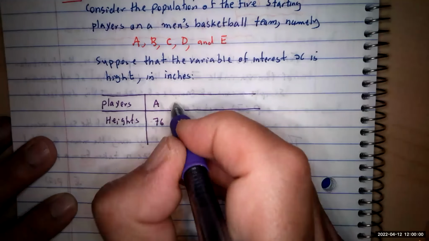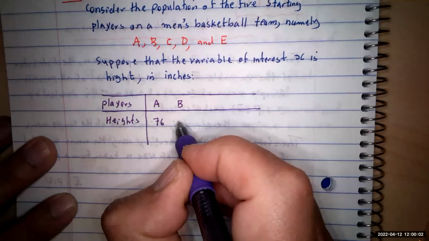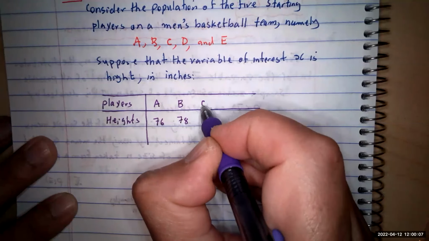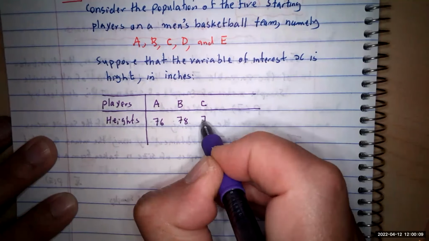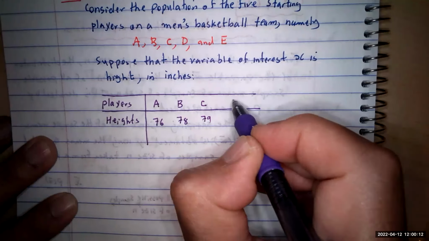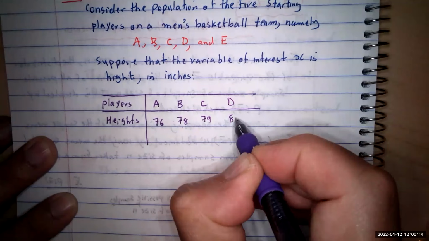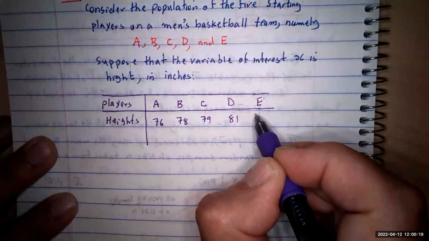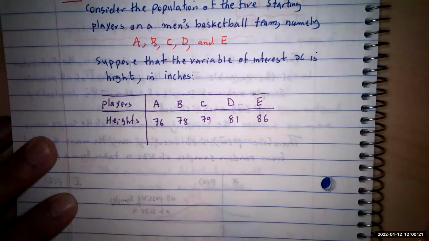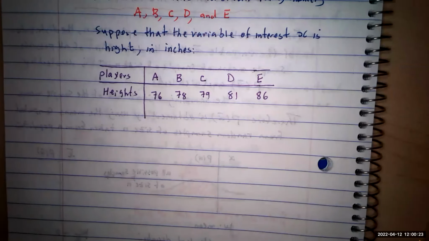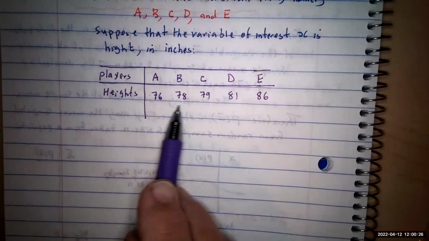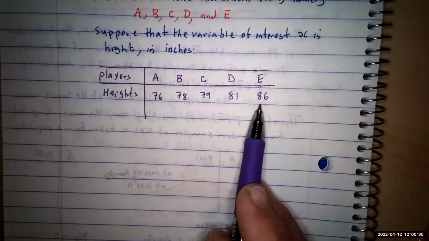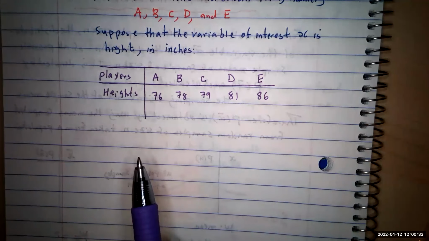Player B is 78 inches. And player C is 79 inches. And player D is going to be 81. And player E is what? Is 86 inches. Okay, that's going to be the one. So the X is these numbers: 76, 78, 79, 81, 86. These are the numbers for the X's.